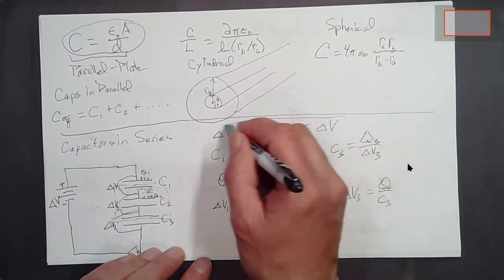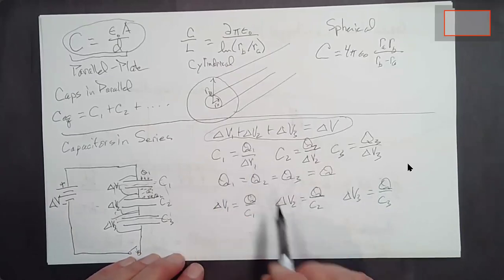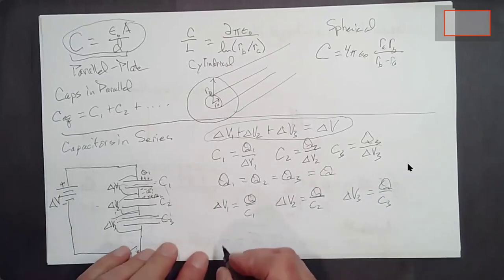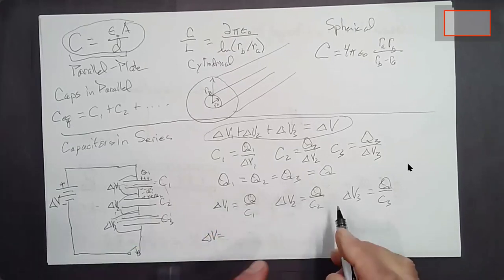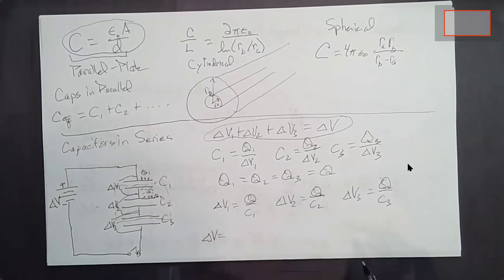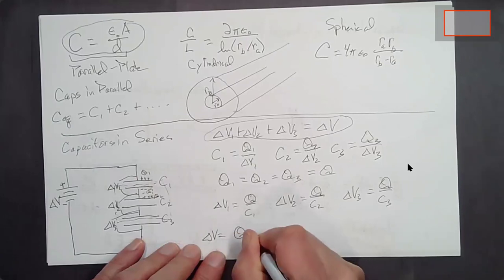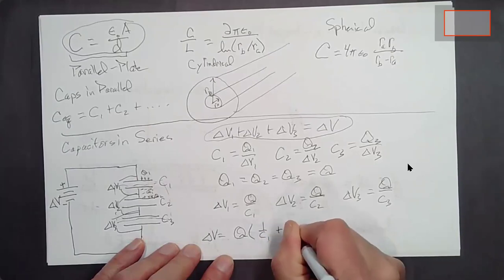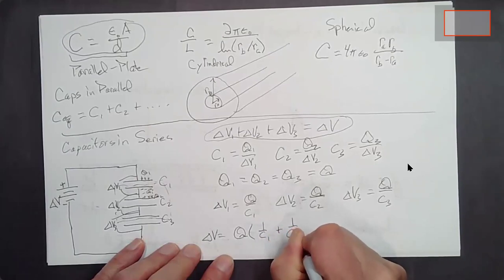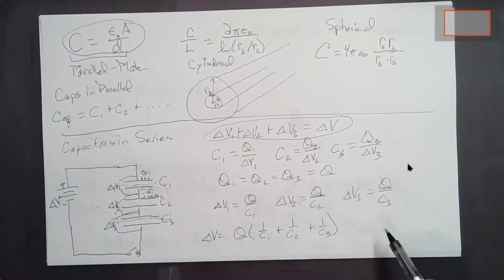And now my delta V is going to equal the sum of these three things. If I add these three things together, after a couple steps of algebra, I get Q times 1 over C1 plus 1 over C2 plus 1 over C3.